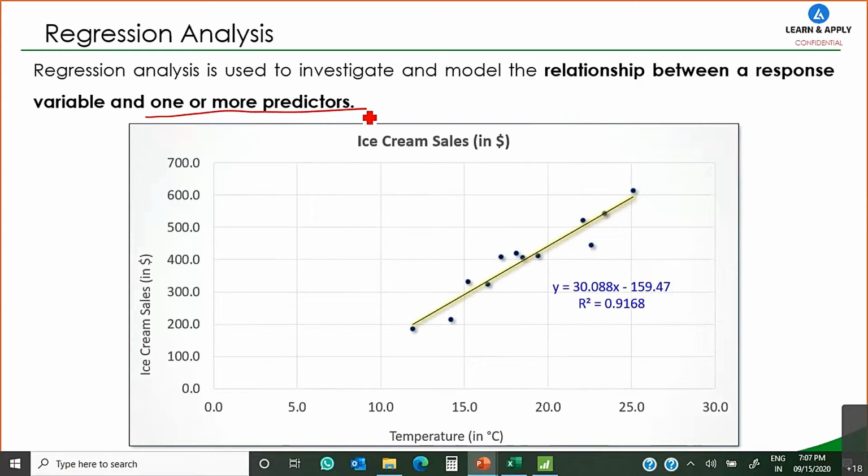If you want to see the relationship between one or more predictors and the response, then we have to use regression analysis. In that case we also identify, if there is a 1 unit change in the x variable, what will be the total change happening in the y. We will go into the details. So let's see it.